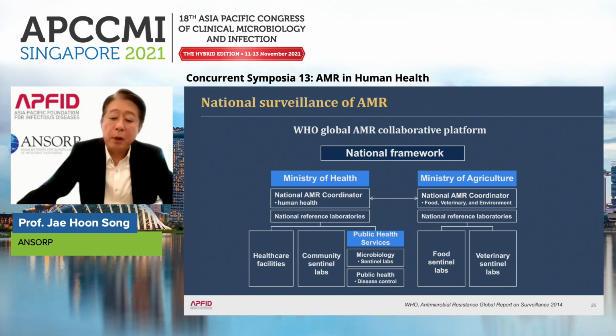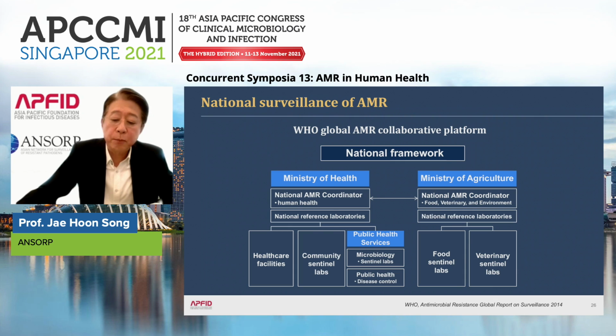National surveillance framework should be based on 2 major governmental systems, the Ministry of Health and Ministry of Agriculture, since One Health surveillance, including both human and animals, is essential to have more comprehensive insight into AMR problems and more effective ways to control AMR.